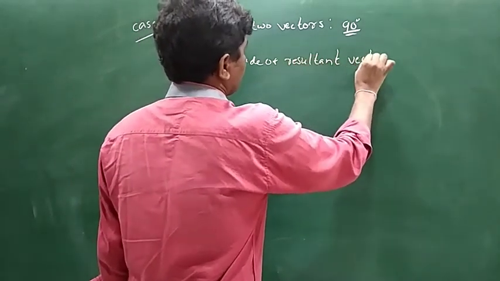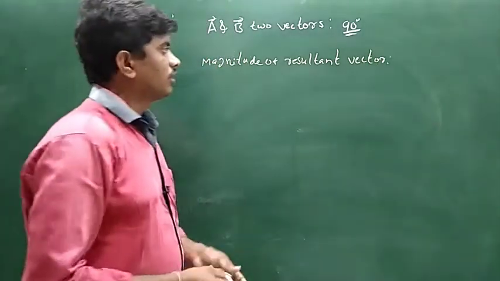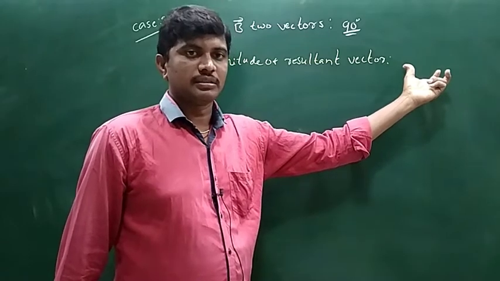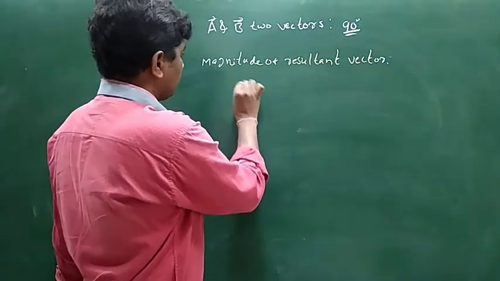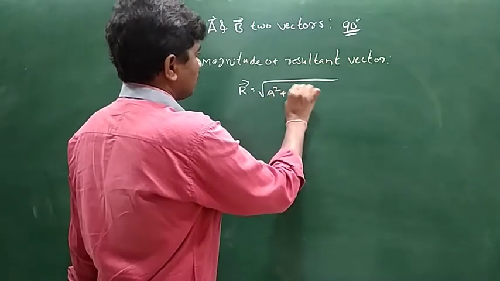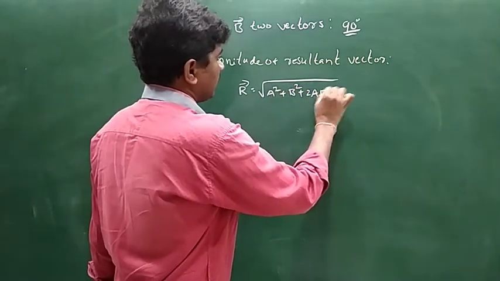By the parallelogram law, the magnitude of the resultant of two vectors is r bar equal to under root of a square plus b square plus 2ab cos theta.